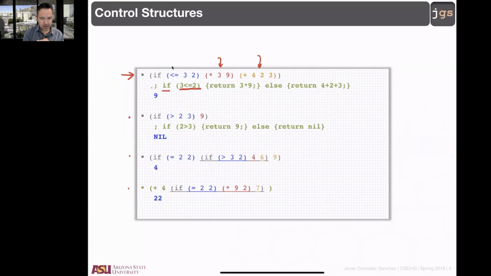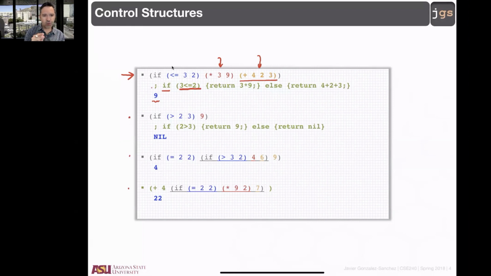The if, like any other instruction in Lisp, returns a result. When you execute the if, you are going to get a result. What is going to be the result of the if? The result of the statement that is being executed. So this instruction, the condition is false.